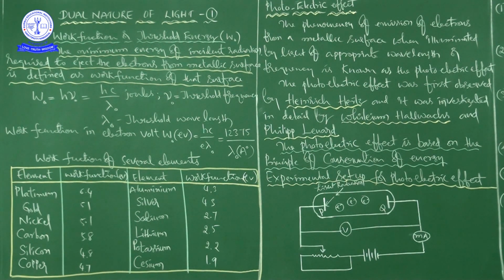How many electrons will come, and what is the speed of the electrons? These depend upon many factors. We have various metals, for example platinum, gold, nickel, aluminum, silver. The number and speed of the electrons coming out are based on different factors.